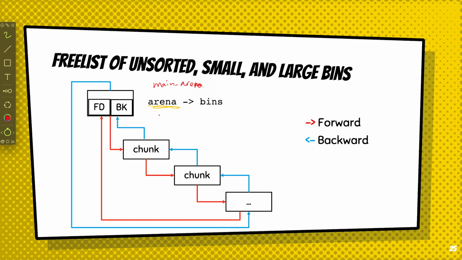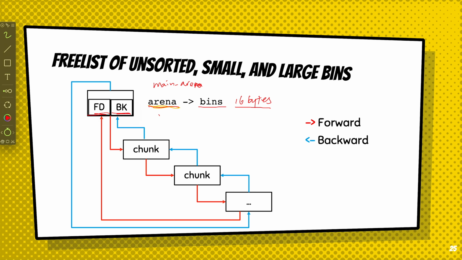So if you look at arena and then if you look at bins, you will find that each bin is actually 16 bytes. So there are two elements in each bin, in the data structure of each bin. One is forward and the other is backward.